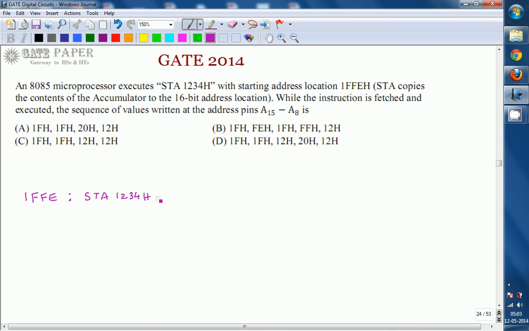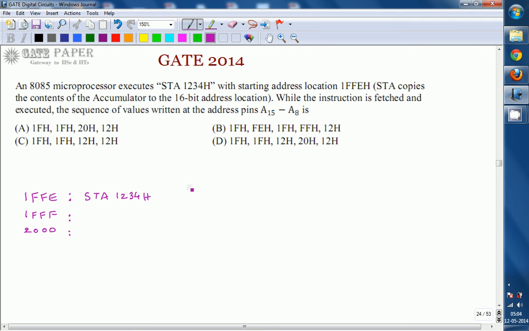The following address locations are 1FFF and later 2000. So to fetch this instruction it requires 3 bytes.